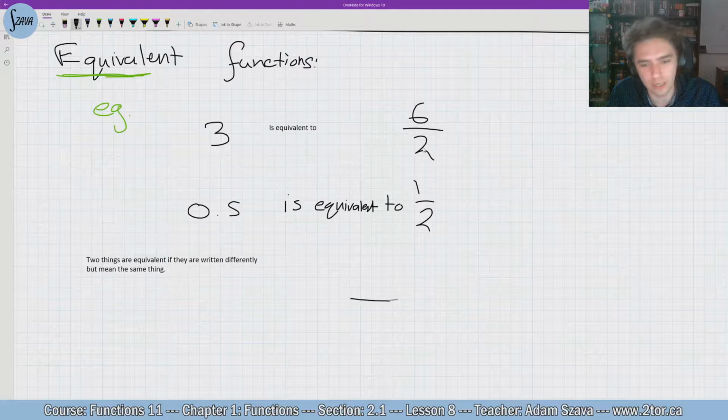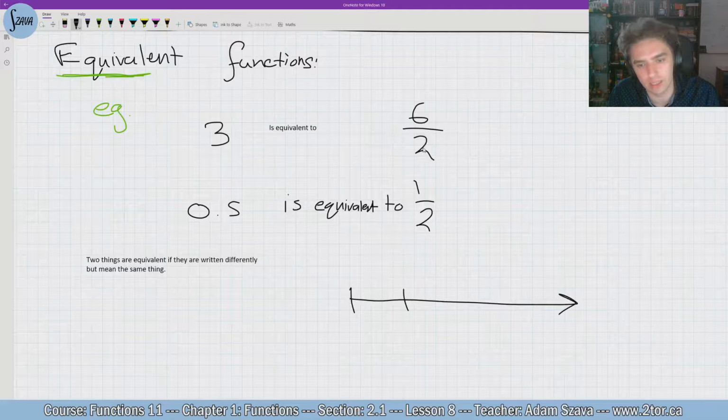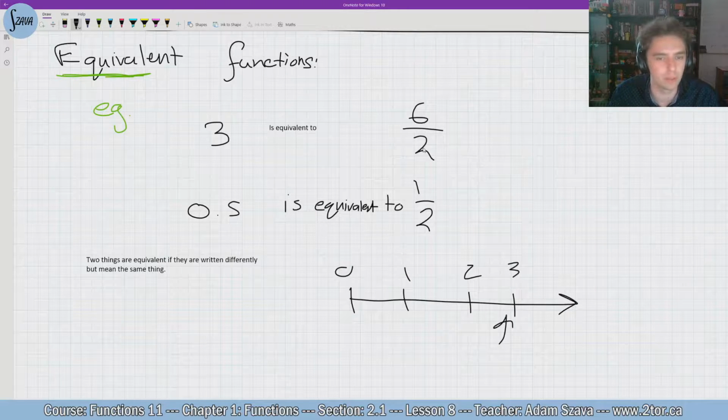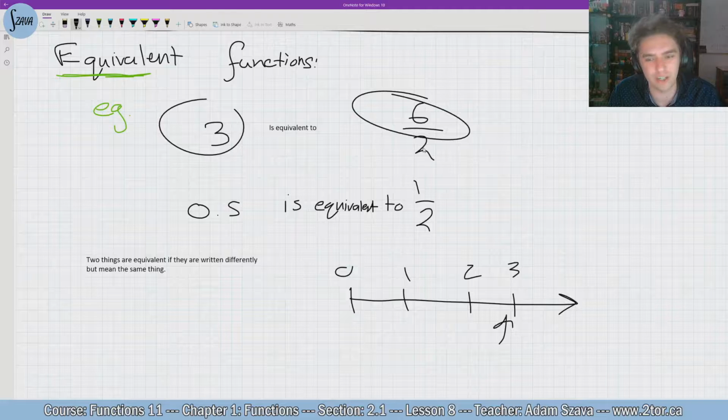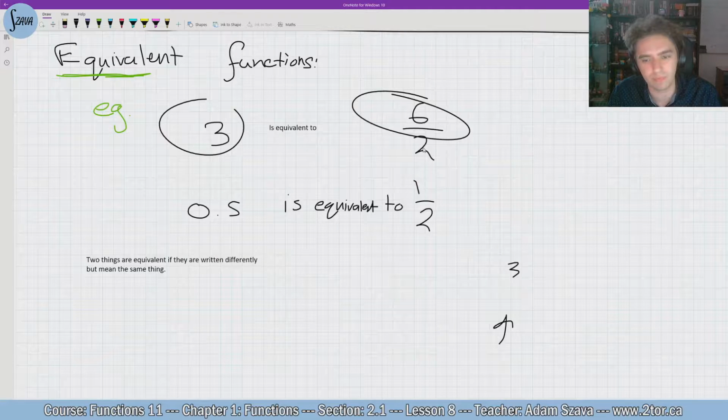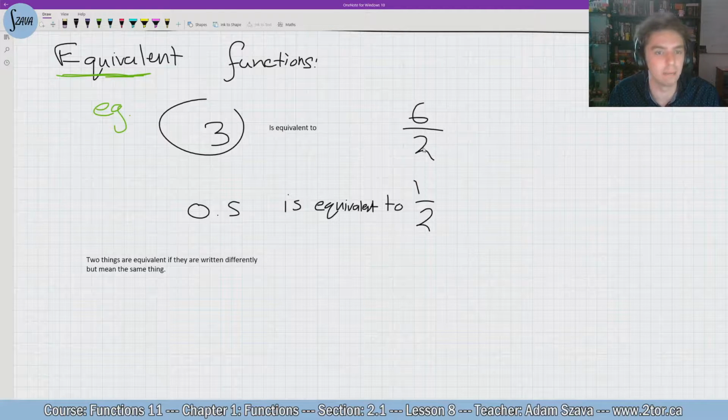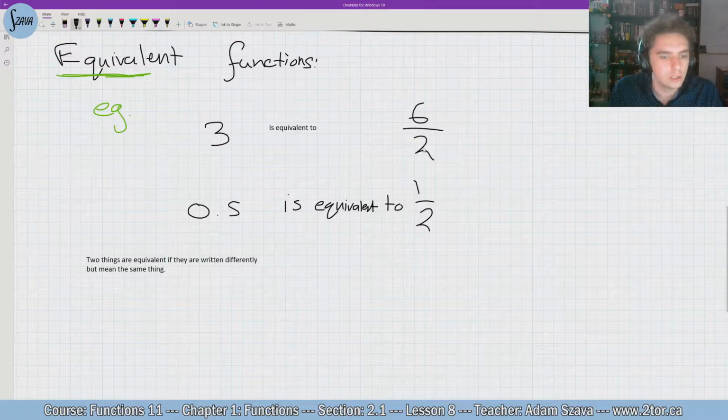Those are two ways to describe the same thing, in other words, that place on the number line. In fact, these are all three things trying to describe the number 3: a symbol, a fraction, and a place on a number line. But we know what that thing is. It's the number 3. Same thing with 0.5 and 1/2.